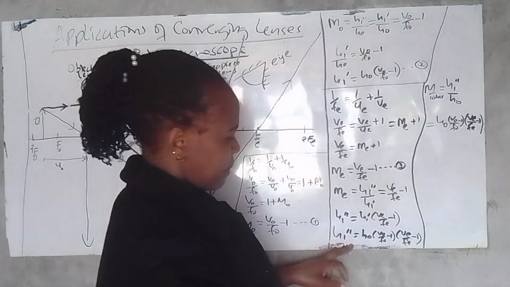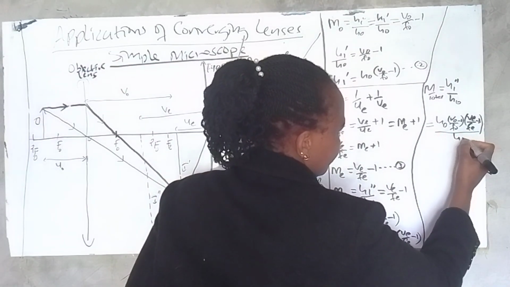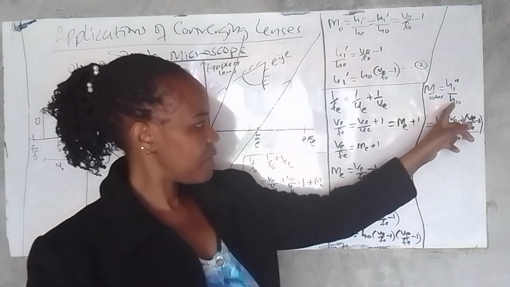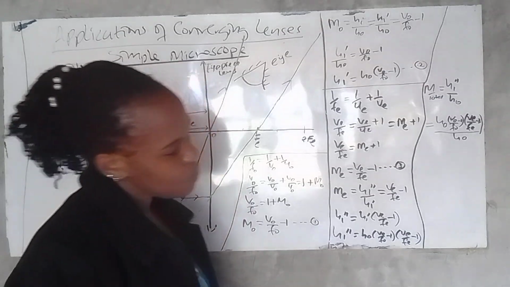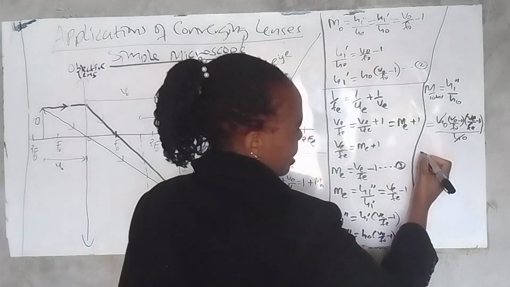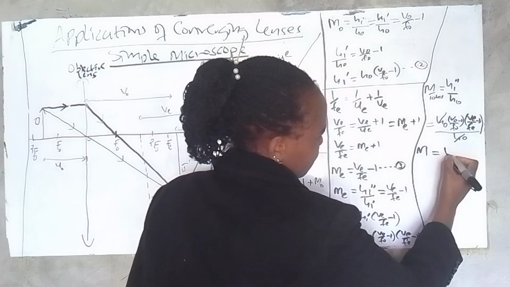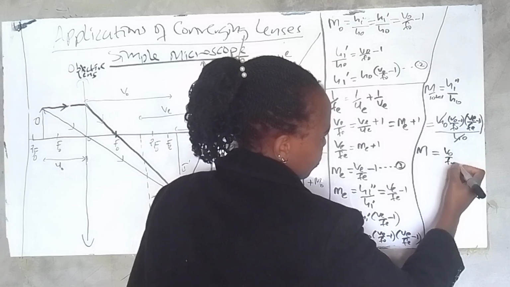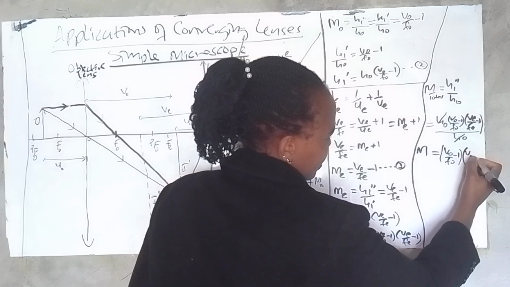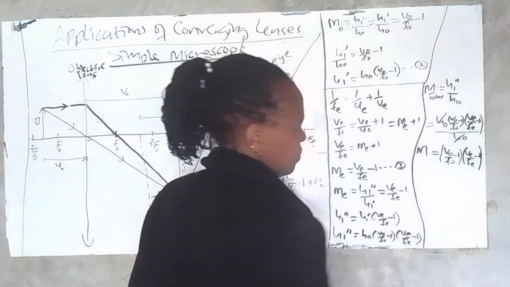That is HI prime prime, which I put here, divided by H naught. So what do we get? Of course, H naught cancels with H naught, and we get magnification as V naught over F naught minus 1 into VE over FE minus 1.